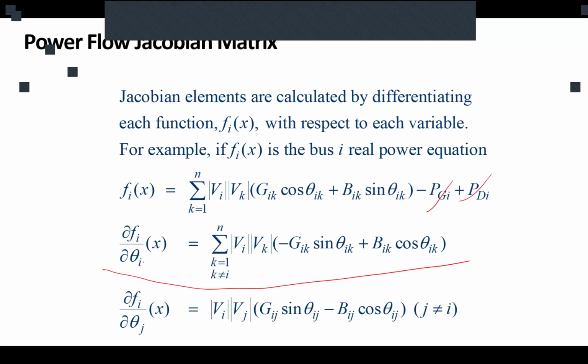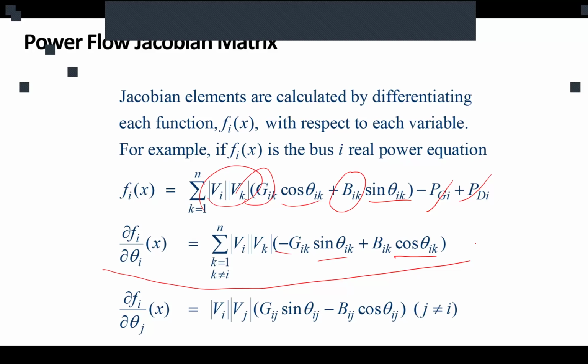With respect to theta, these are constant. The differential of cosine is minus sine, the differential of sine is cosine, and you do the same for all the other functions and variables.